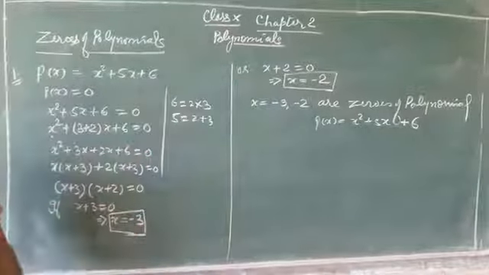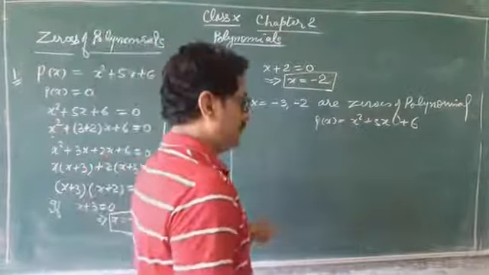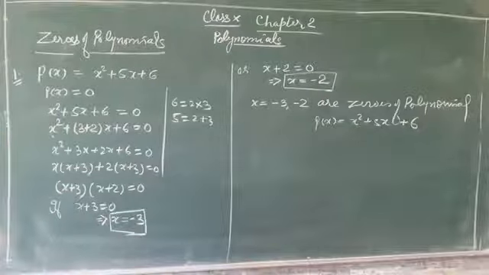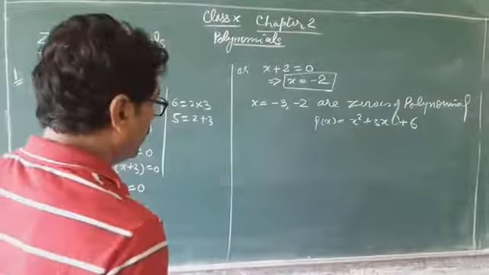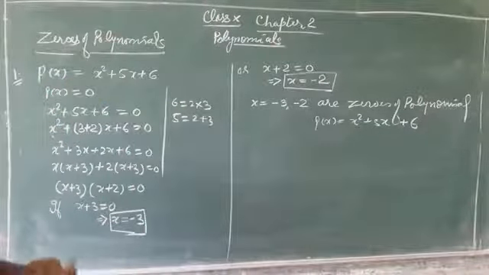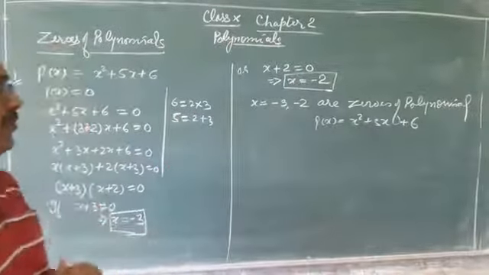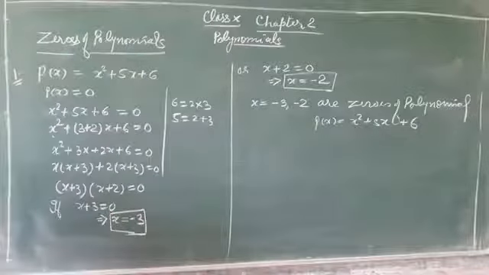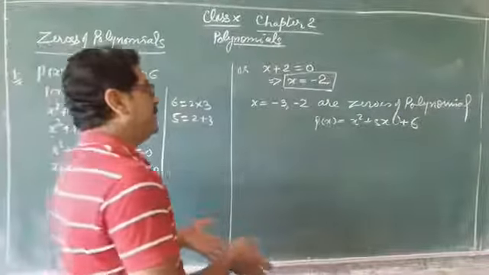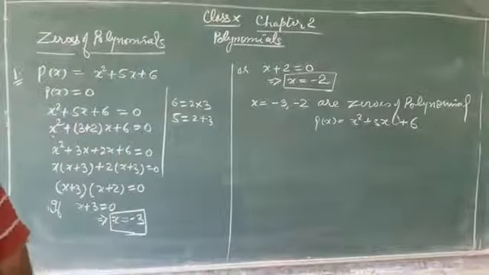Here a very important point is that the number of zeros is equal to the degree of the polynomial. So if the degree of this polynomial is 2, the maximum number of zeros will be 2. So we will find 2 zeros for a quadratic polynomial. They may be the same, equal, or distinct.